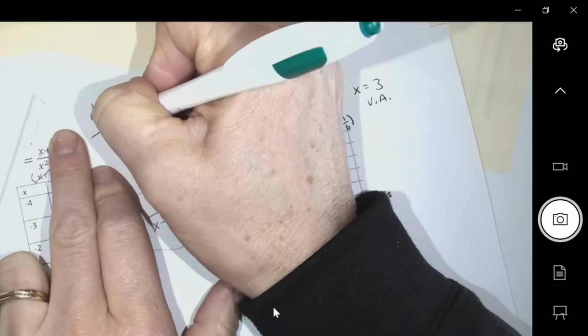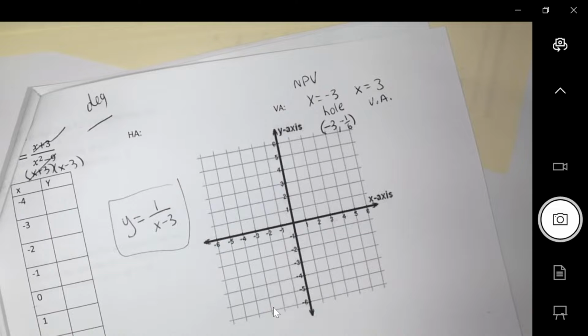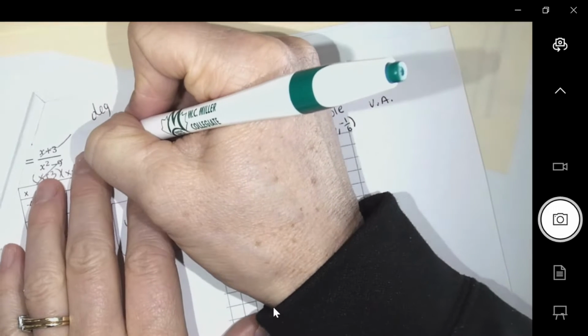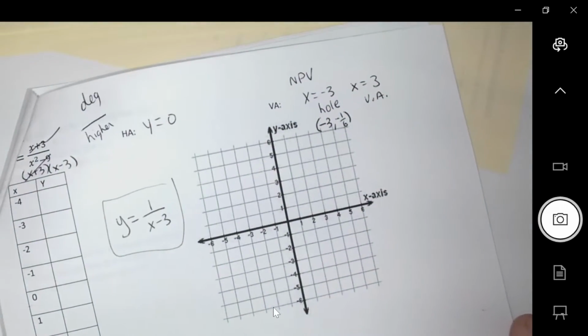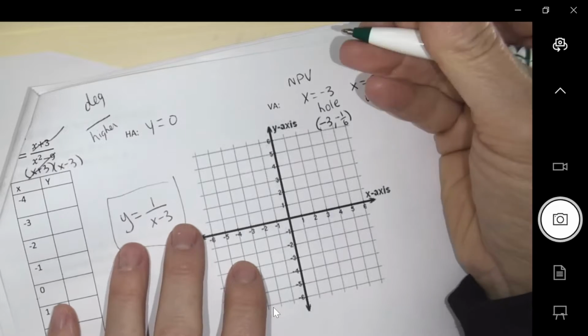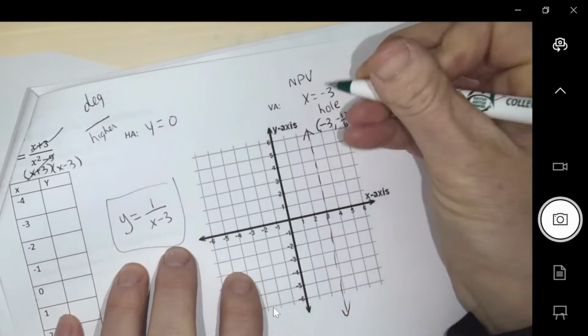And let's talk about our degrees. Do we have higher somewhere or the same? Higher, bottom. So I have an asymptote at 3.